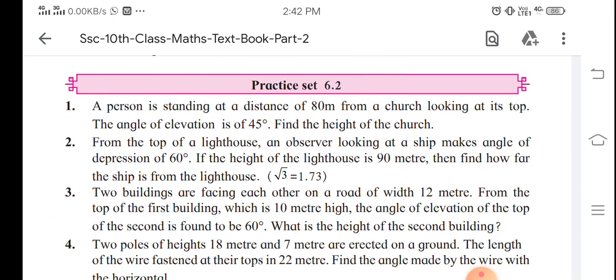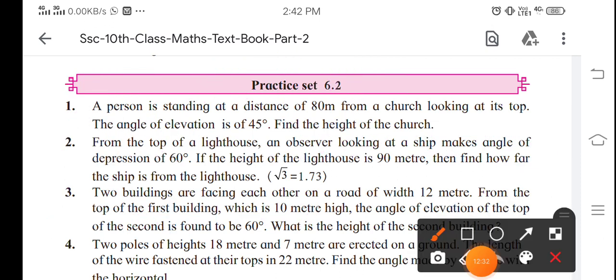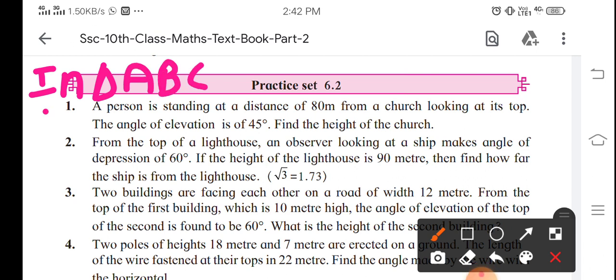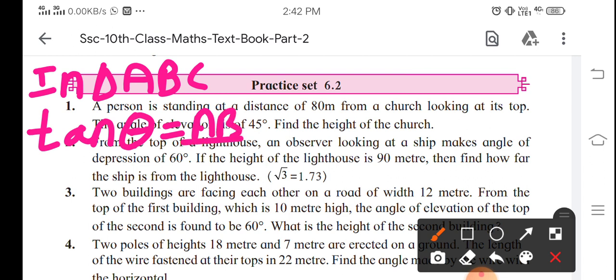Now we'll do that. In the next slide, just write in triangle ABC, can you see the tan 60? Because tan theta is equal to AB upon BC, because AB is our opposite side and BC is our adjacent side.